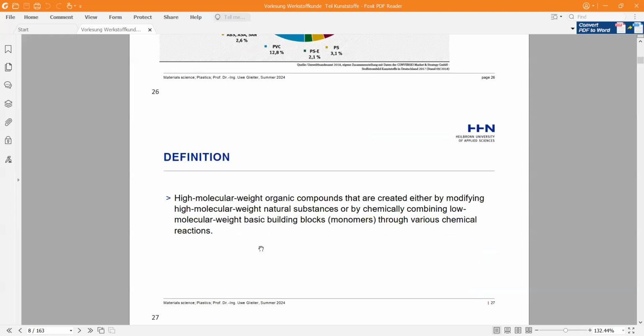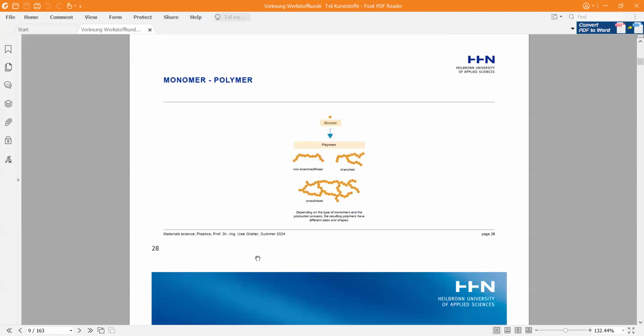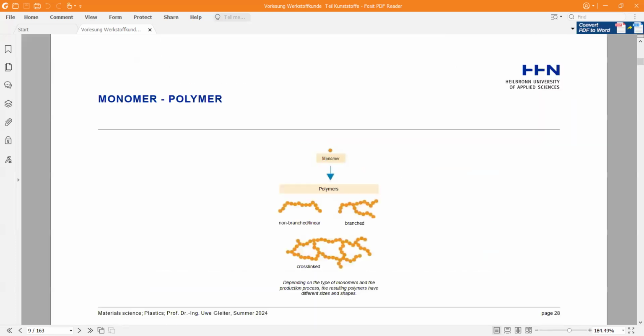Polymers are organic compounds that are created either by modifying natural substances, or by chemically combining molecular building blocks, the monomers, through various chemical reactions. We can describe the polymers as built from a basic unit, the monomer.